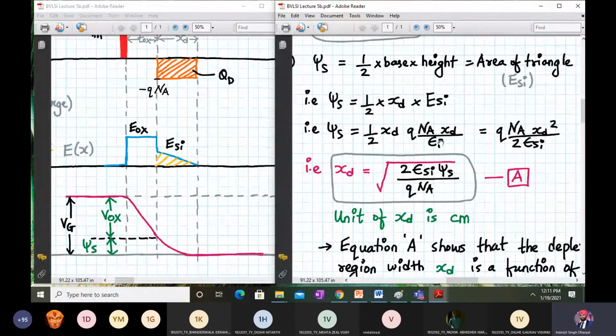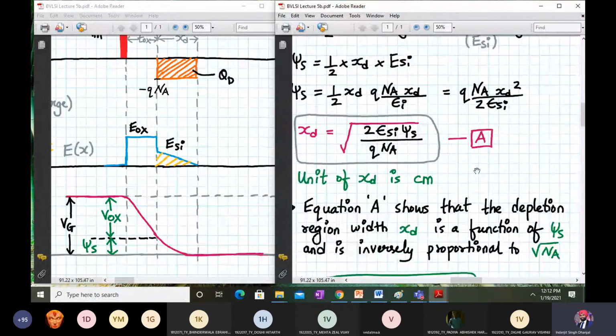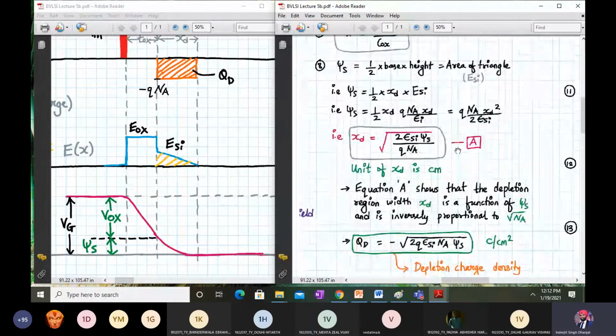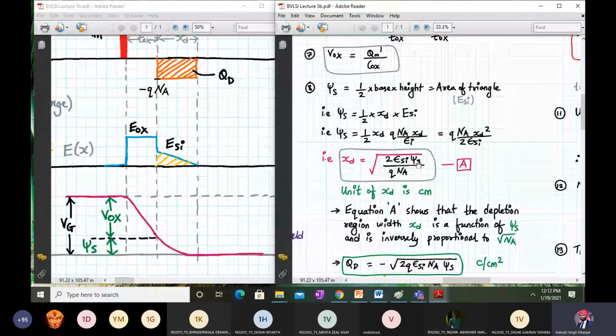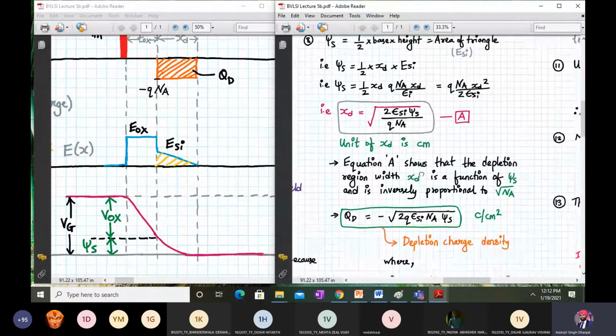So what does this equation A show us? It shows us that your depletion region width xd is a function of the surface potential psi s, and it is inversely proportional to the root of the doping concentration Na. So if you have more doping, the xd distance will be even lesser.